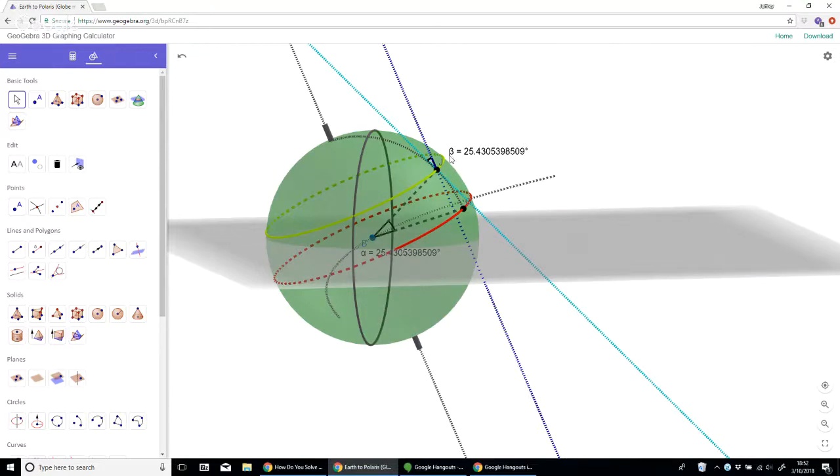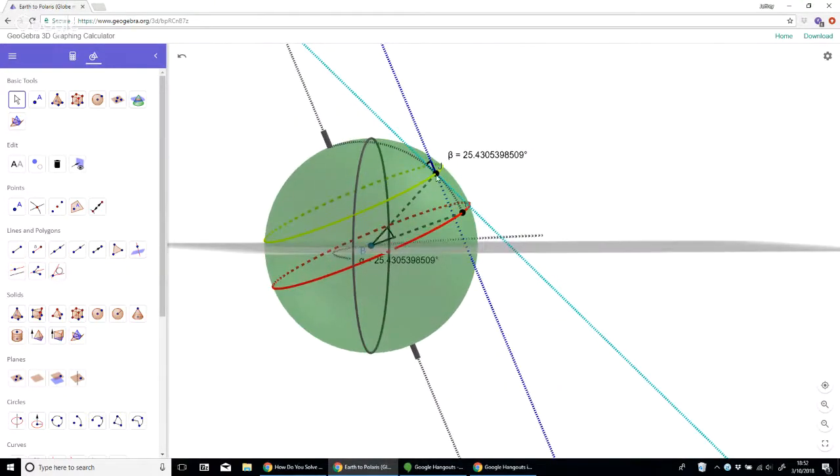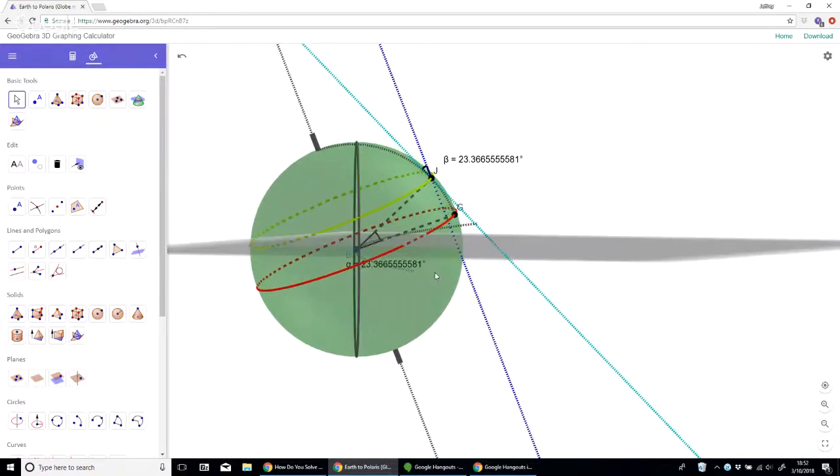You'll also notice another angle called beta. And if you look closely, you will see that angle alpha, which right now is 23.366555581 degrees, and you'll notice that angle beta is also 23.366555581 degrees.